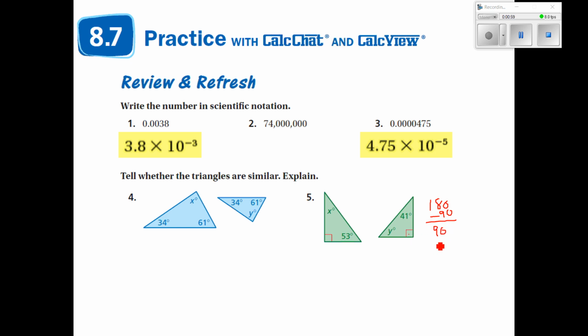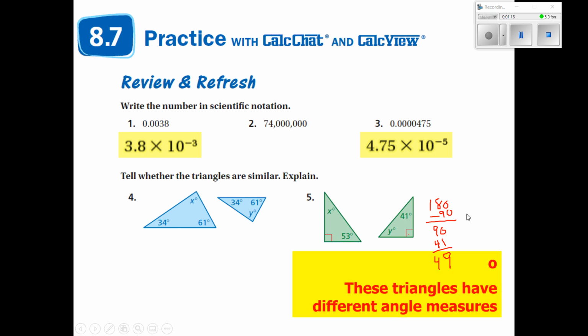I'm going to minus 41. And if these are similar, it will equal 53. But it does not. This is a 9, and this is a 4, and 49 does not equal 53. So these angles are not going to be similar. The triangles have different angle measures, so they are not similar triangles.